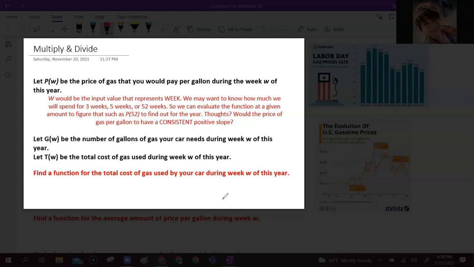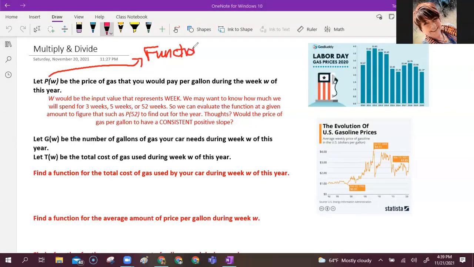So maybe we already know the total, but maybe we don't know what the price per gallon is, for example. So keep in your mind what every single one of these means. Every time you read these things, they're always going to tell you what it means. These little things are called function notation.